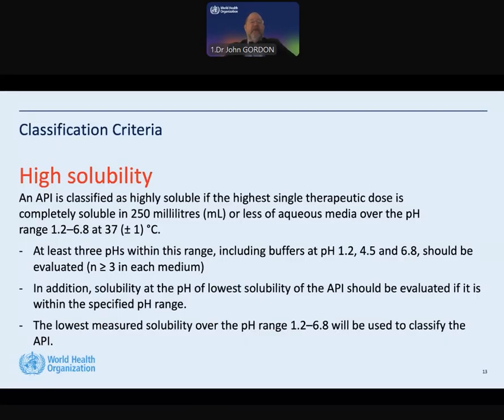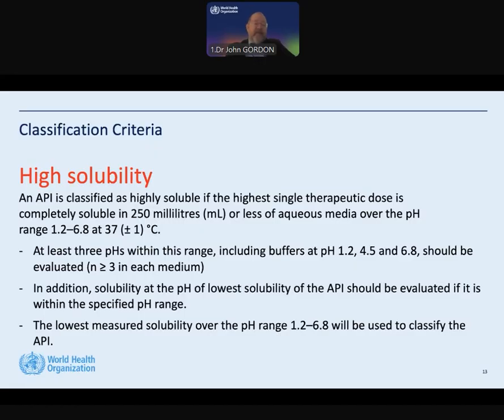So in order to know whether an API is highly soluble, experiments will be conducted in at least 3 pHs over the range of 1.2 to 6.8, typically in pharmacopoeial buffers, compendial buffers at pH 1.2, 4.5, and 6.8, with an N of at least 3 measurements in each of those. But also, if there's a known solubility minimum within the range of 1.2 to 6.8, then solubility studies should also be conducted there.